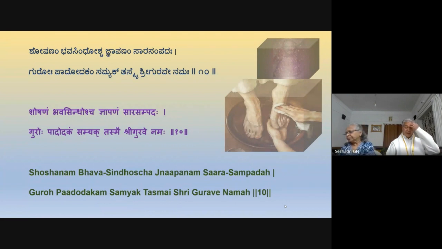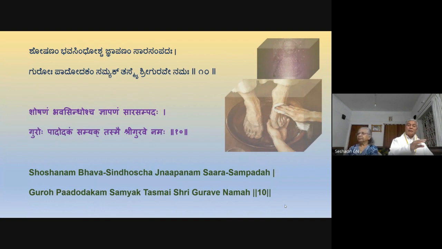We have seen earlier in the 3 major verses what Guru means. And to that Guru, we are doing namaskaram, prostrations. Tasmai Shri Gurave Namaha. And here some indicators are given. Shoshanam Bhavasindoscha, number one. You must add Samyak.